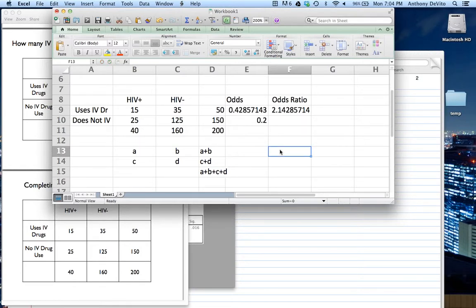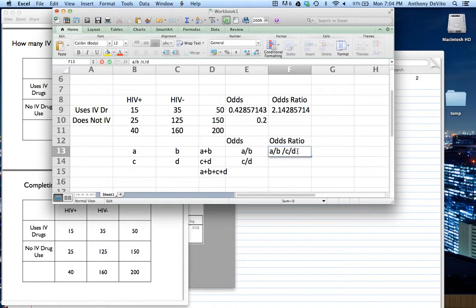Okay, so if we were going to calculate odds, our odds for the IV drug users are going to be equal to A over B, and our odds for the non-IV drug users are going to be C over D. So our odds ratio is what's in A over B divided by what's in C over D. Another way of writing that same thing is to invert the bottom fraction and multiply it by the top fraction.